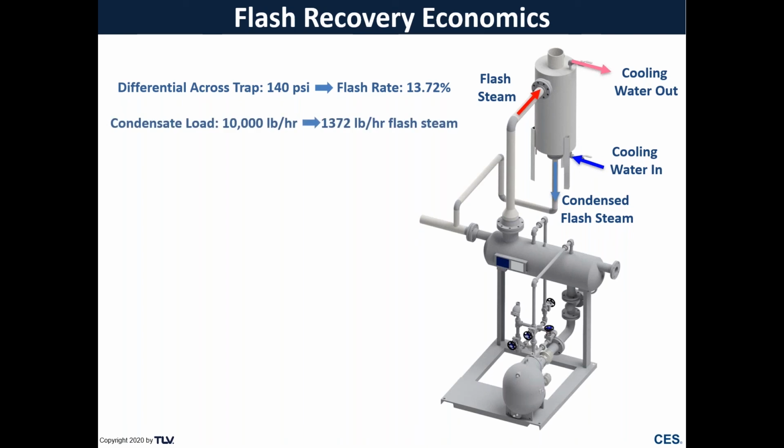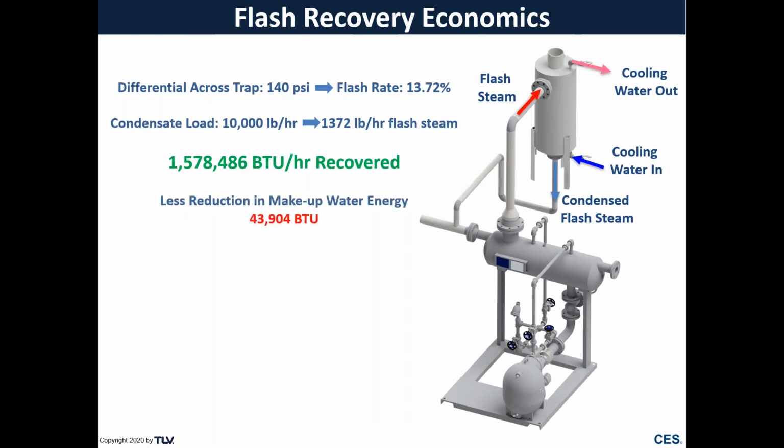Let's say for this heat exchanger, we have a condensate load of 10,000 pounds an hour, which at that flash rate results in 1,372 pounds an hour of flash steam. Because there's a specific quantity of energy in each pound of that flash steam, it results in a little over 1.5 million BTUs per hour recovered.